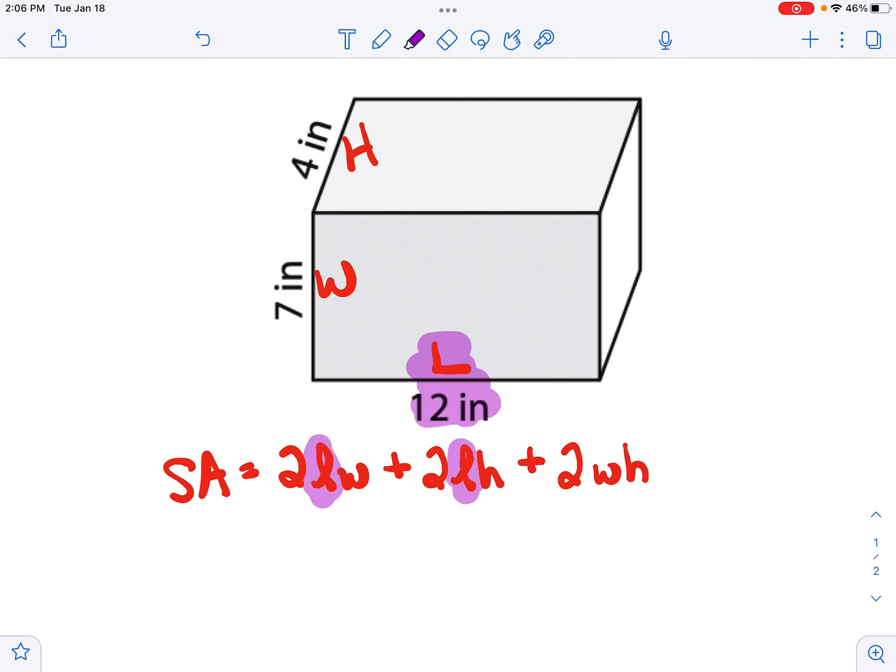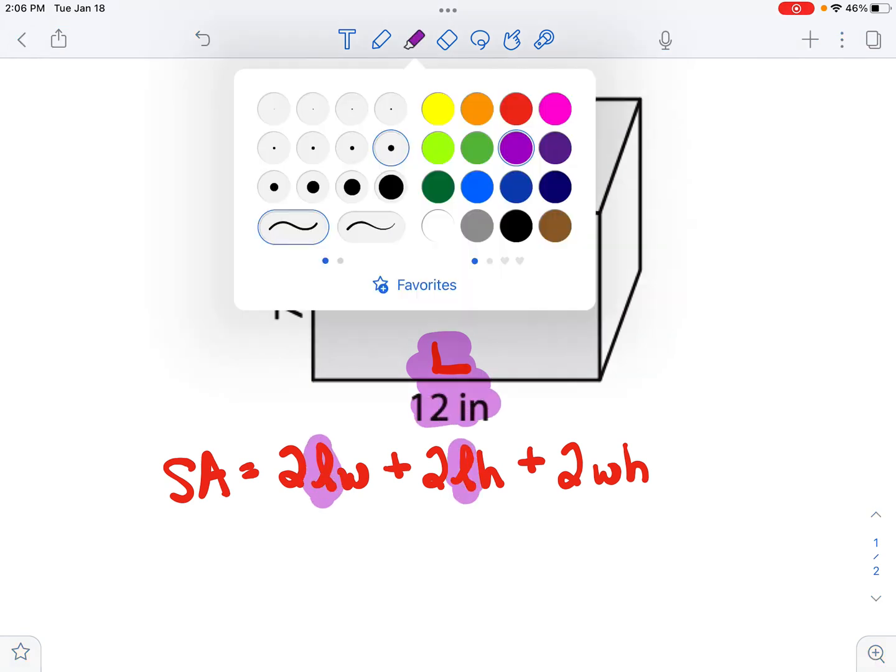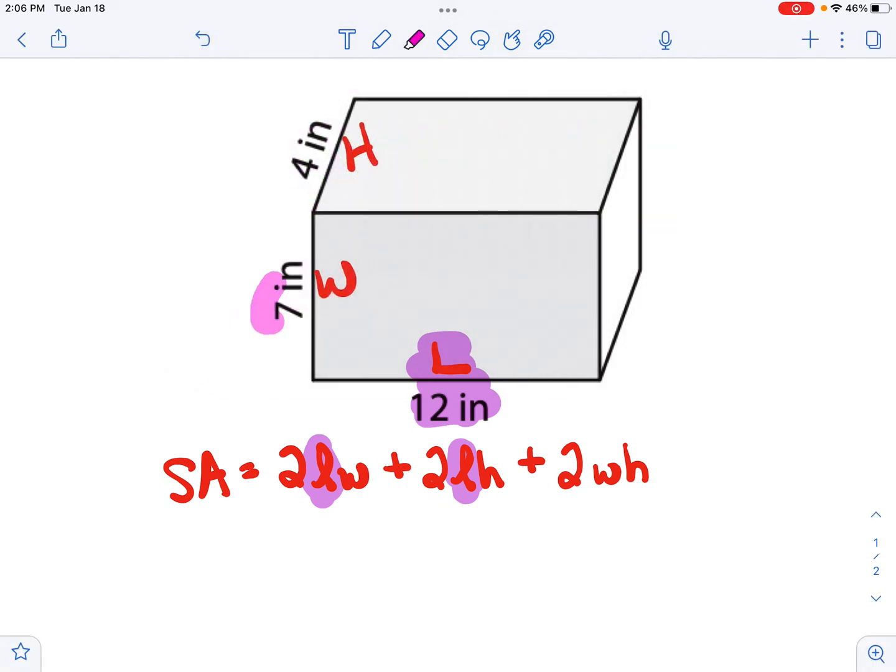So there's an L there and an L there. Using a different highlighter, every time I see a W, I'm going to put in a 7. There's a W here and a W there. And every time I see an H, I'm going to put in a 4. So a 4 here and a 4 here. So I'm going to replace my variables with their values.